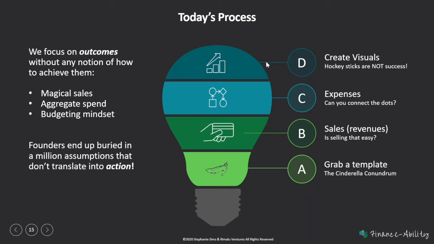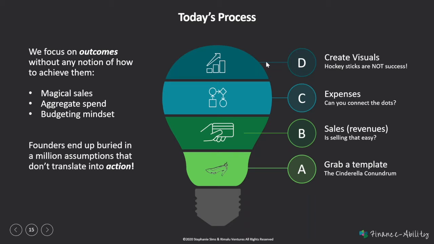Even if you find a template that fits you, quite often the first thing that every model tells you to do is project sales. Well, if you knew what your sales were going to be, then you just go out and do it, and you might not even need to create a financial model, because you could just make money if you actually magically knew what you were able to sell.